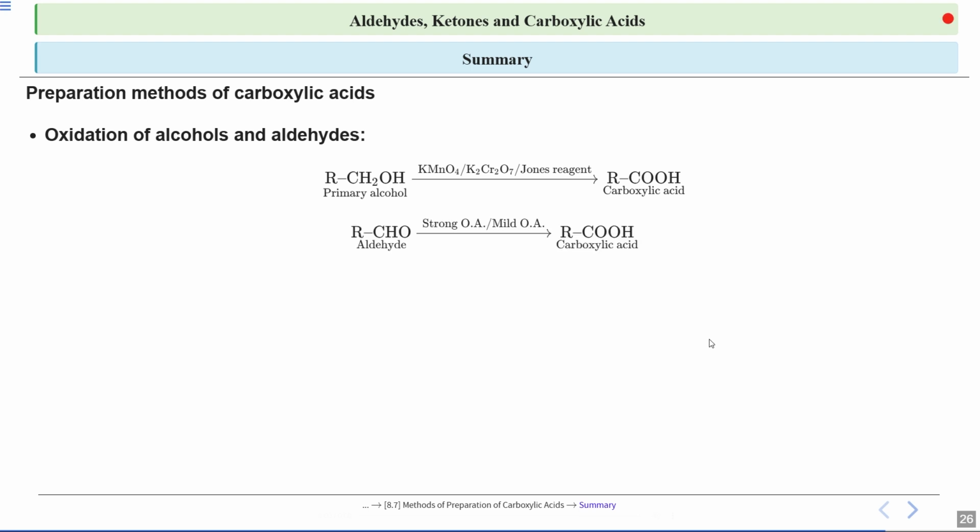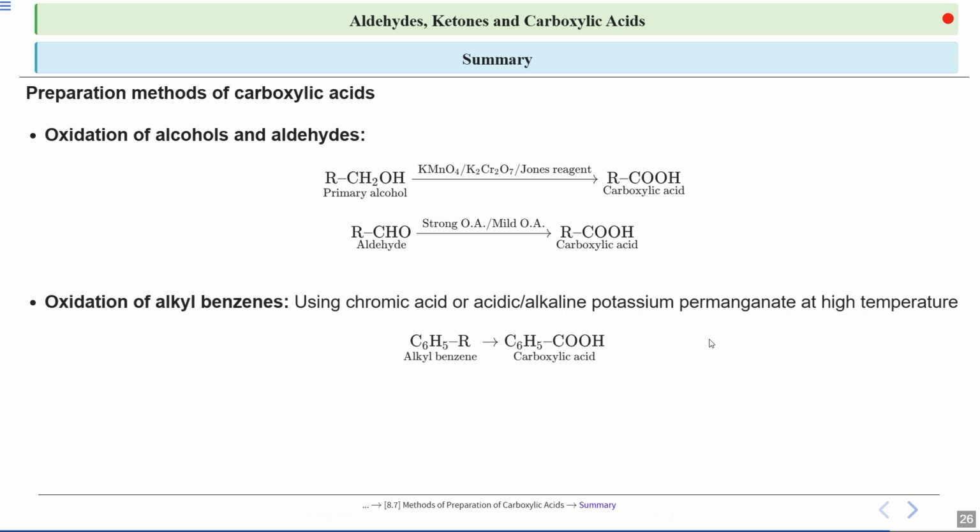Aldehydes can be further oxidized to carboxylic acid using stronger or milder oxidizing agents. Next, we saw the oxidation of alkyl benzene using chromic acid or potassium permanganate under acidic or alkaline conditions. We can oxidize alkyl benzenes to carboxylic acid.